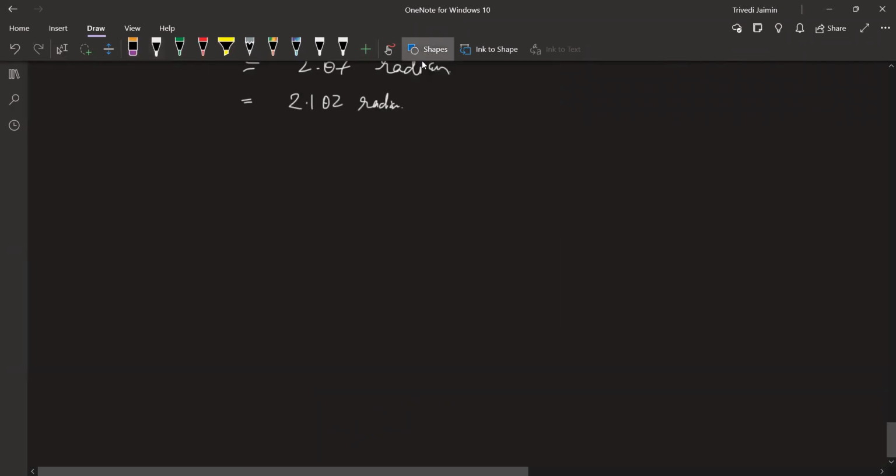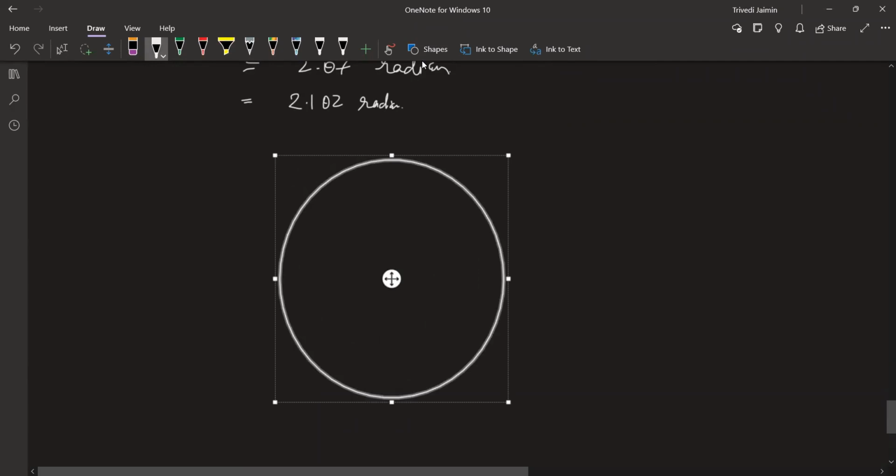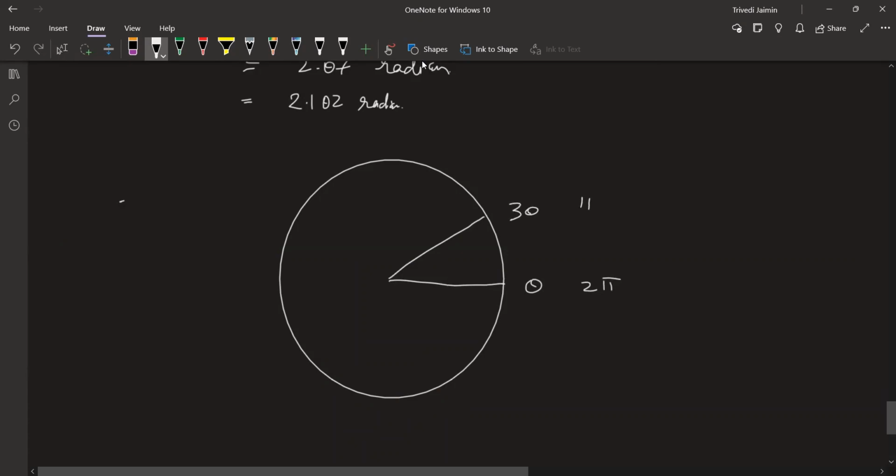So I'll give you a small thing here. Then we can end this maths. These are all standard things: 0 is 2 pi, and 30 will be pi by 6. 45 will be pi by 4.